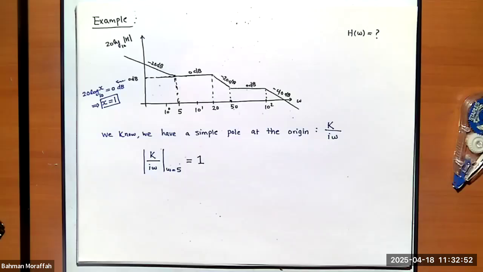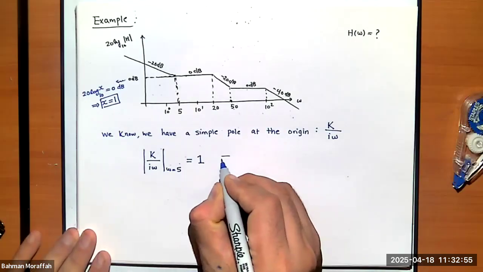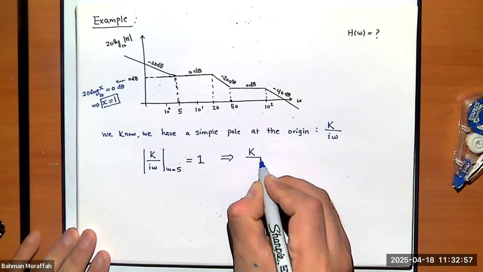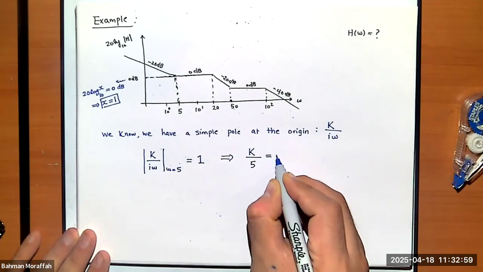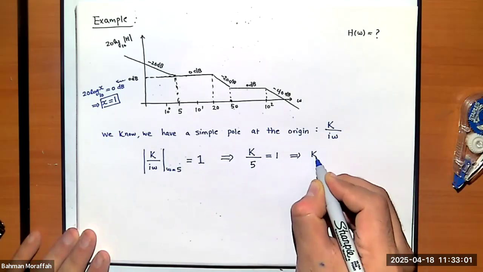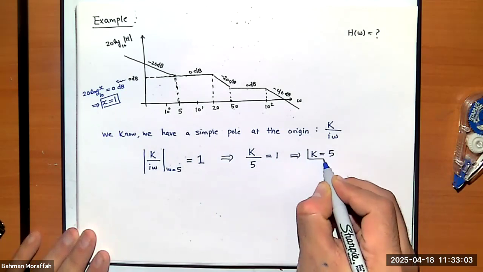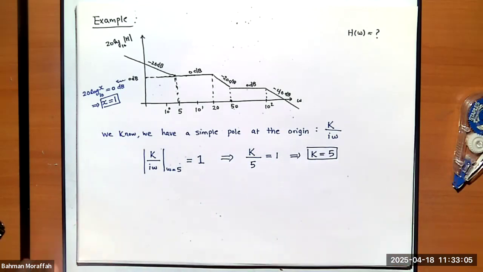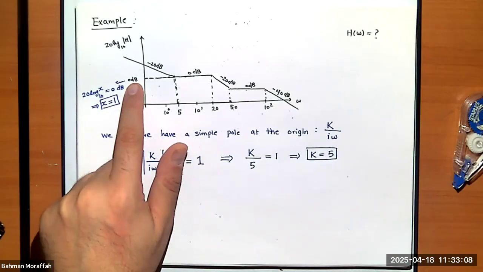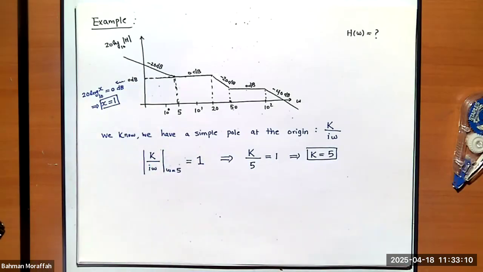What does this tell me? This tells me K over omega, which is 5, must be 1. Therefore, K is 5. So this extra information right here tells me how much I shift my graph.